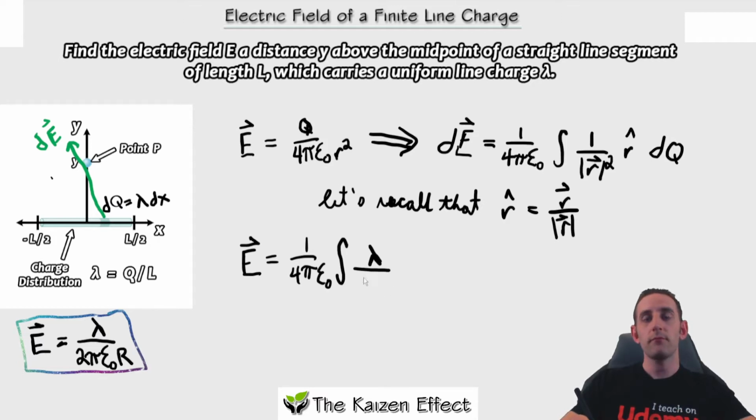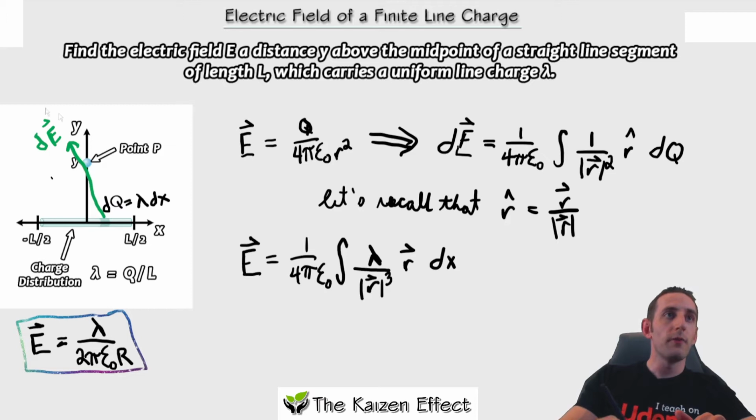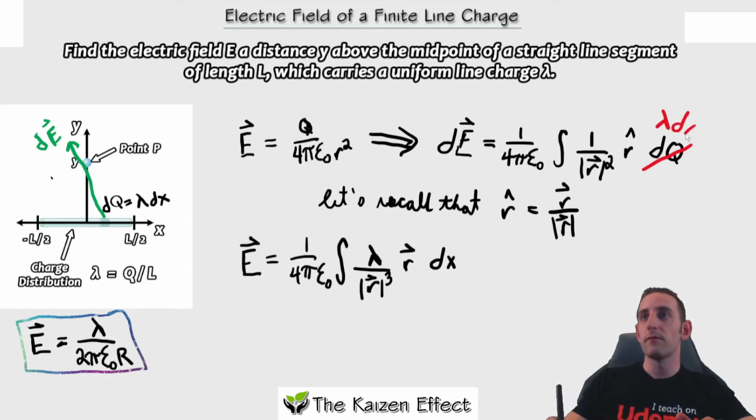Lambda over the magnitude of r cubed times r dx. And to back up a bit, all I did over here was I just added in lambda dx. Same thing. All right, so this is our general equation that we're trying to use.